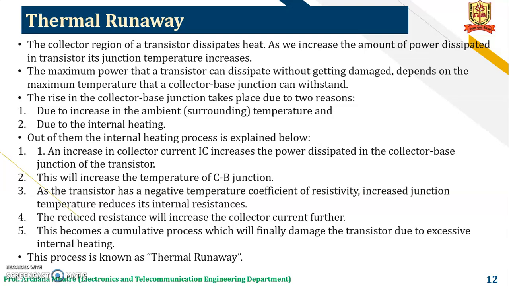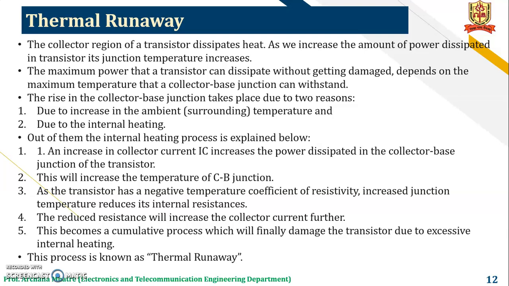The rise in temperature of the collector base junction takes place due to two reasons. First is the increase in the ambient, that is surrounding temperature, and second is the internal heating. Out of them, the internal heating process is explained below.